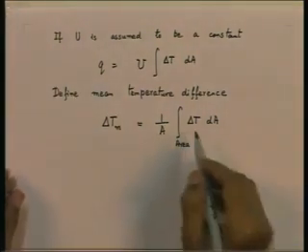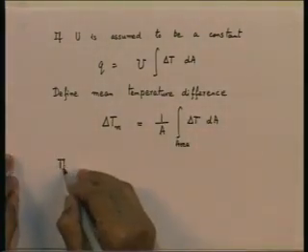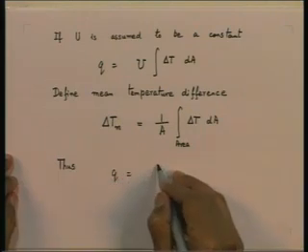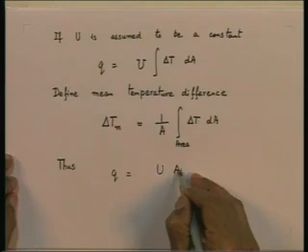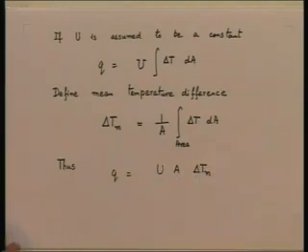Thus, if I introduce this definition into my expression for Q, I get Q equal to U A delta Tm.